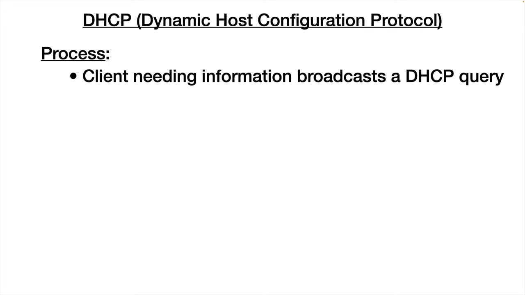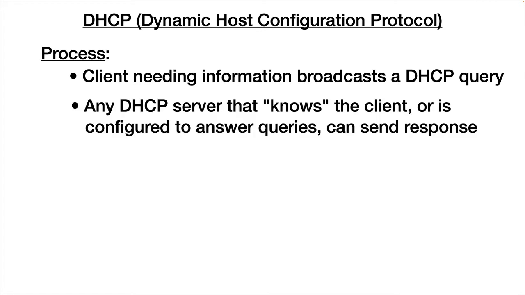So the process for DHCP is very similar to what I just described in BootP. The client broadcasts a DHCP query, and any DHCP server that knows the client, or is configured to answer queries, can send a response giving the information to the client that requested it.